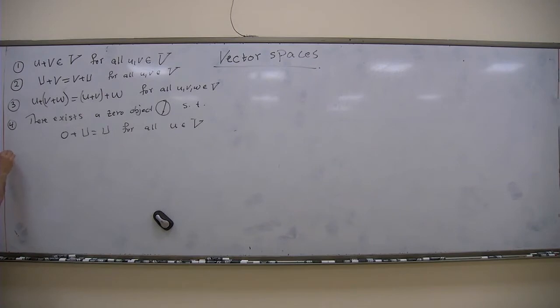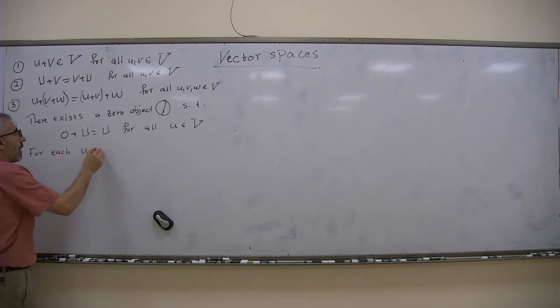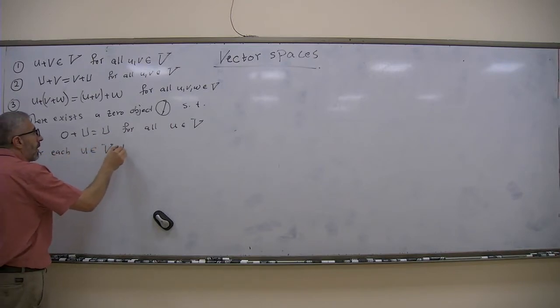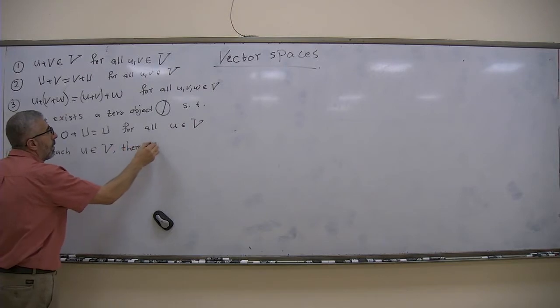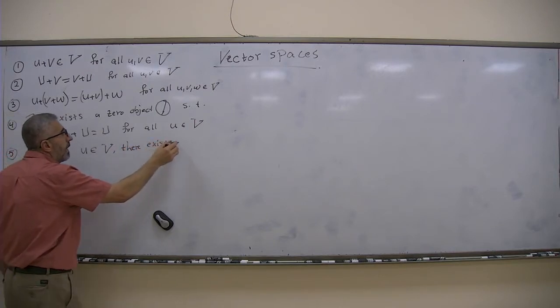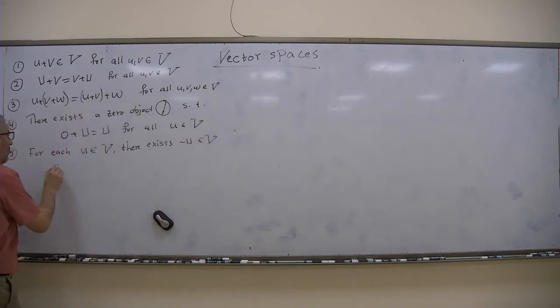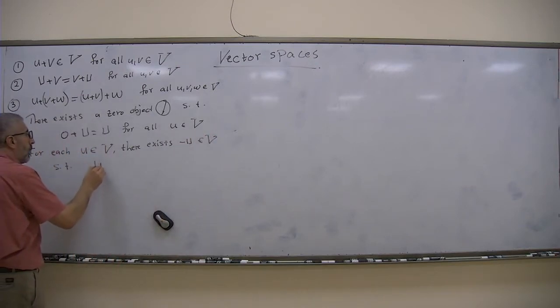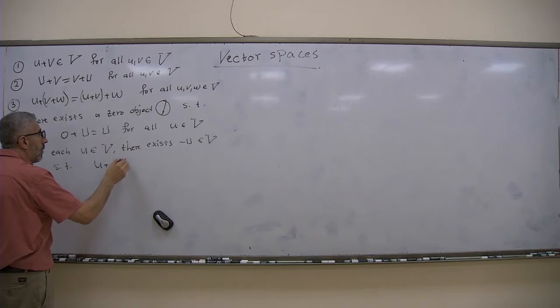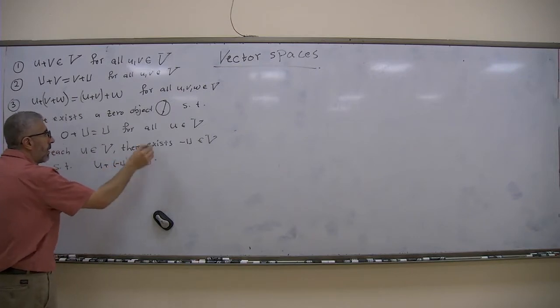Number 5, for each u belongs to V, there exists negative u belongs to V such that u plus negative u is the zero object.